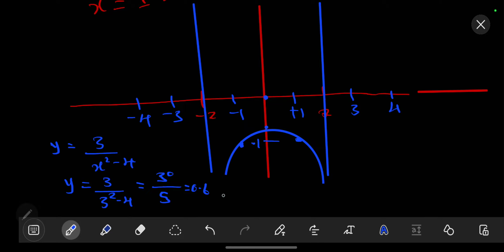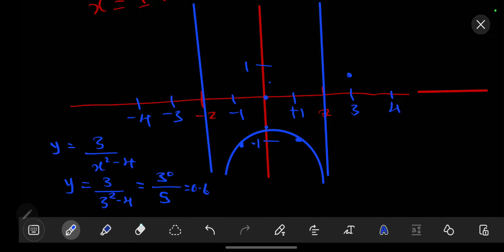So if I have 3, I'm going to have a 0.6. So let's say my 1 is here, then 0.6 has to be somewhere here.